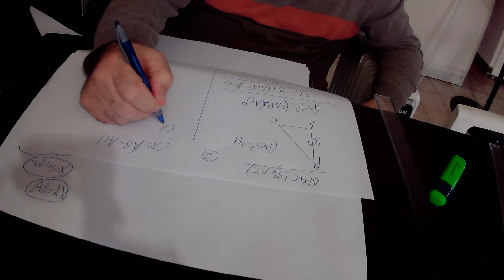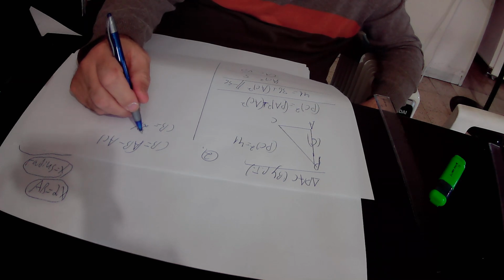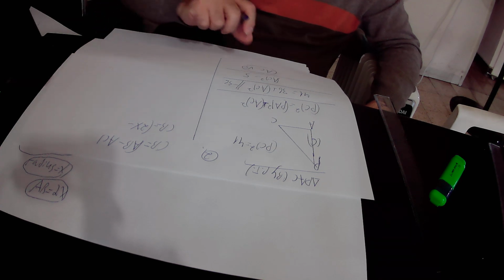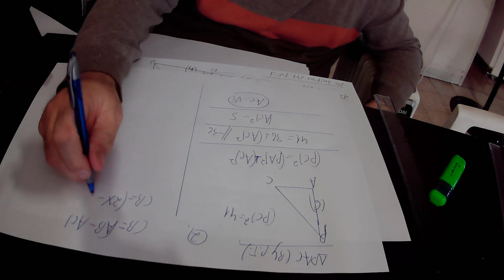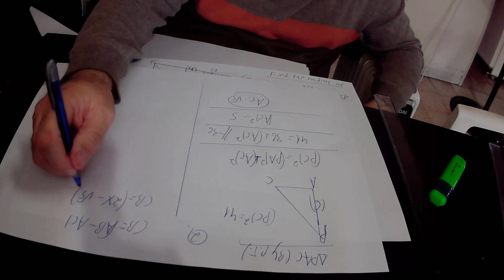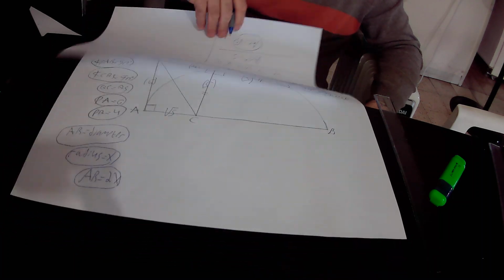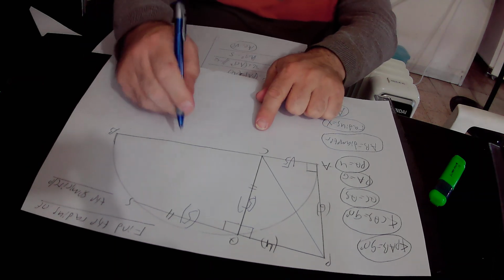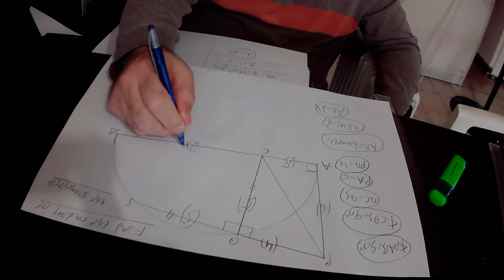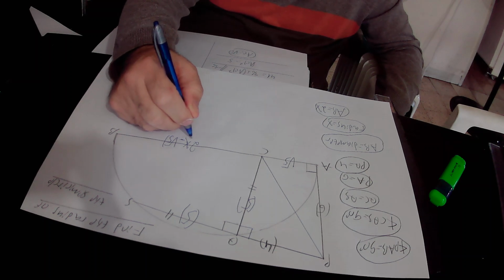So CB equals AB, that is 2x, the diameter of the circle, minus AC. We just found out that AC equals the square root of 5 units. So in total, CB equals 2x minus square root of 5 units. You can write here that CB equals 2x minus square root of 5 units in length.